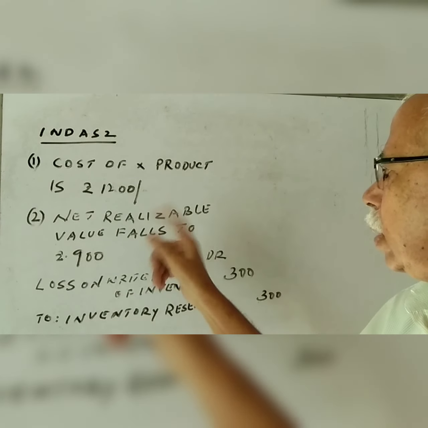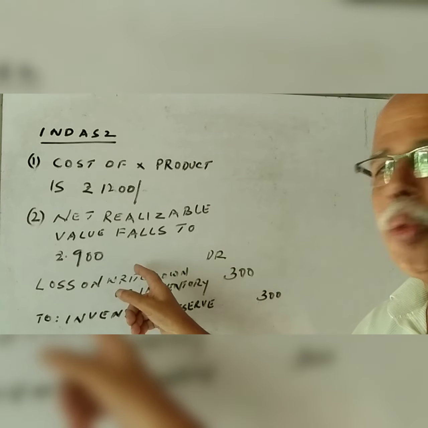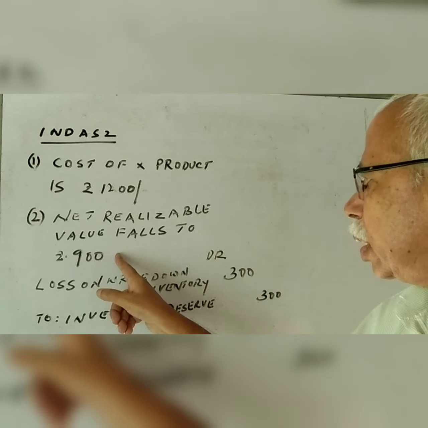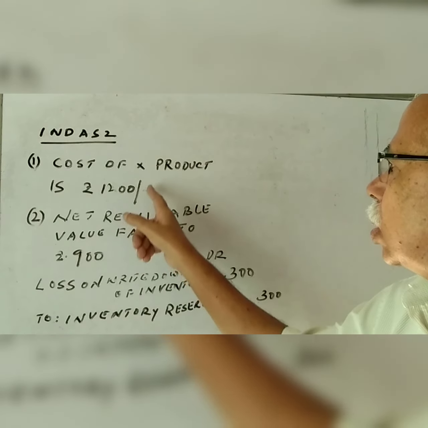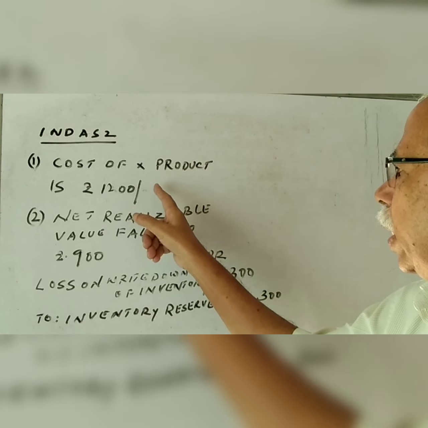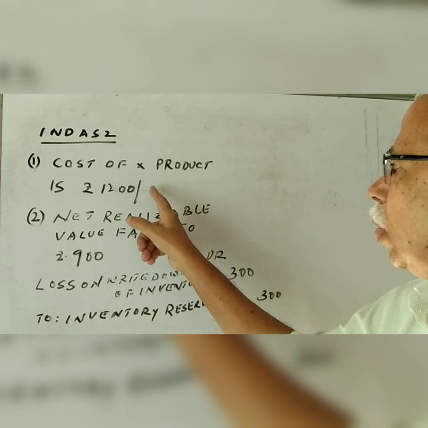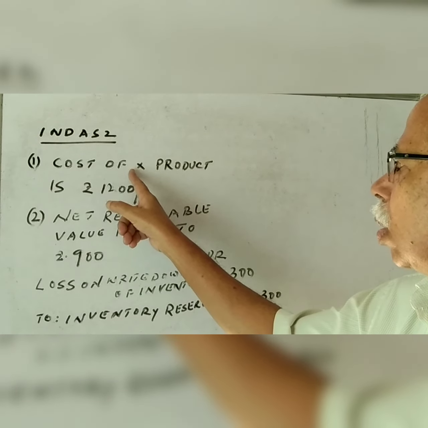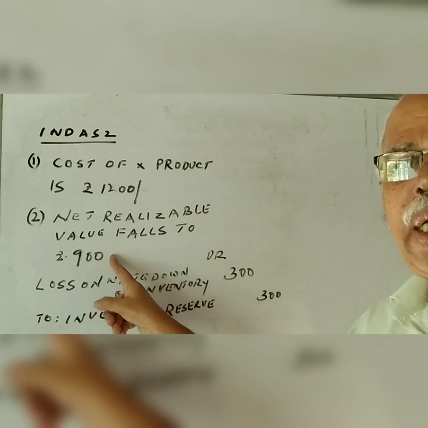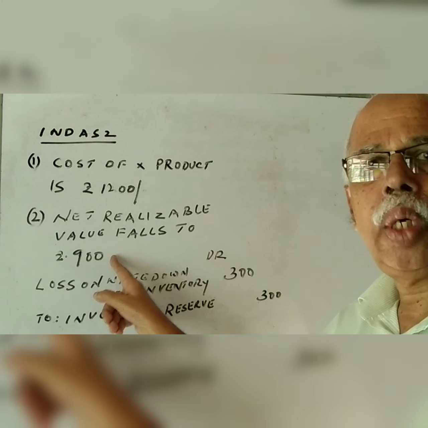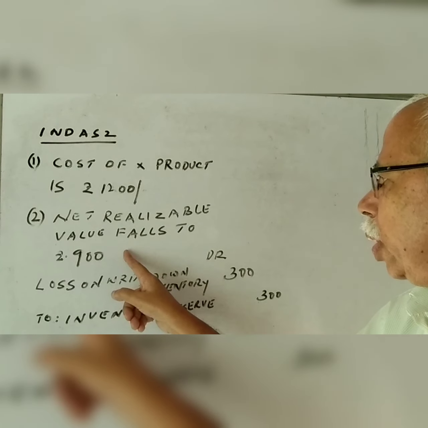Its net realizable value falls to rupees 900 due to adverse market conditions. So the product's net realizable value is 900, cost is 1,200. This cost should be written down to this value. That is what is called write down of inventory to net realizable value.